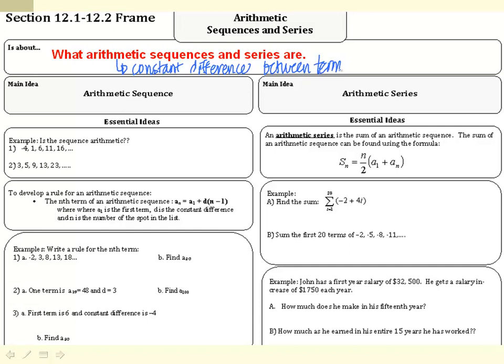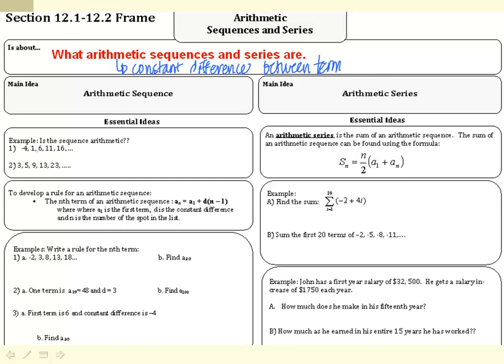What that means is to get from one term to the next, you're always adding or subtracting the same number. So let's take a look at these. An arithmetic sequence, we want to know, are we adding or subtracting the same number each time? In order to do that, we're going to kind of subtract their terms.